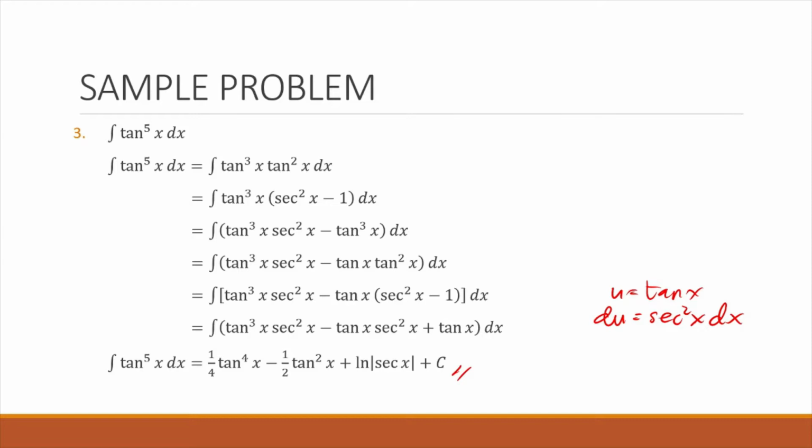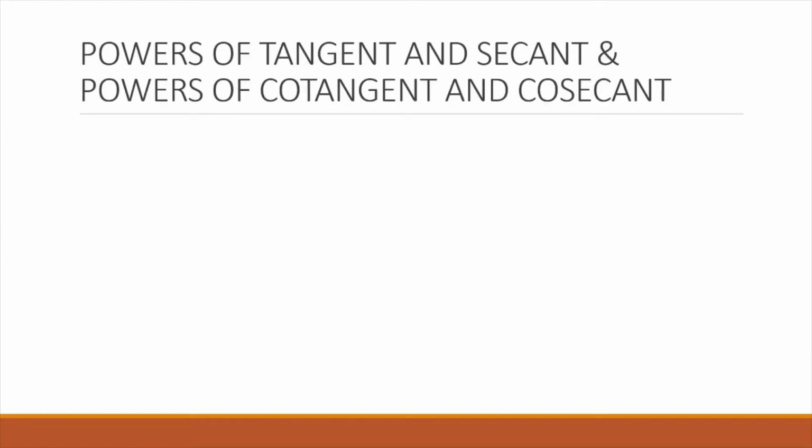Now, what if, kasi, di ba, in general, we have tangent raised to m of x secant raised to n of x dx, or integral of cotangent raised to m of x times cosecant raised to n of x dx.